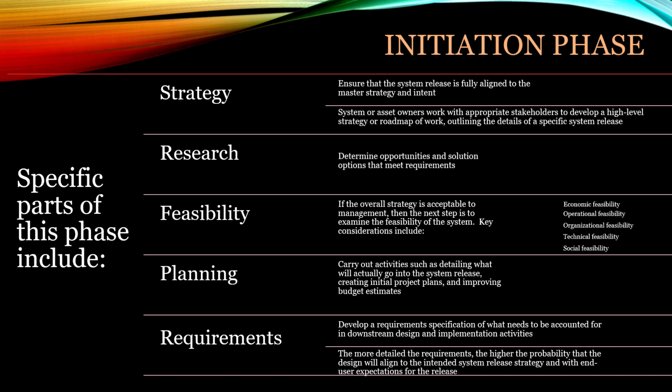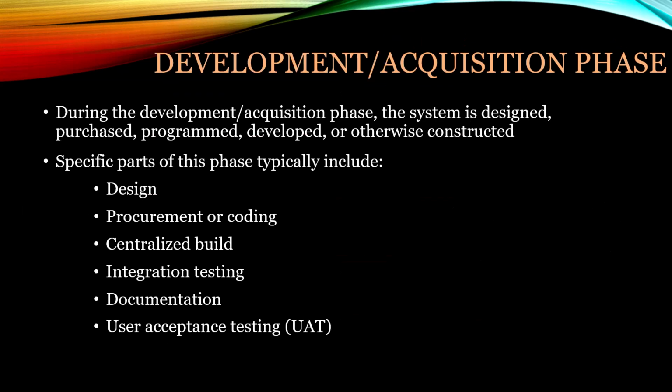The next major phase is our development and acquisition phase. During this phase, we are looking at how the system is designed, purchased, programmed, developed, and constructed. We're looking at the documentation, integration, the procedures and procurement portions, and for coding, the overall design. A lot of this is focusing on the design portion and how to acquire portions that may not necessarily be designed or redesigned in-house.